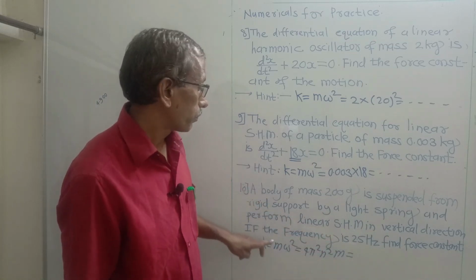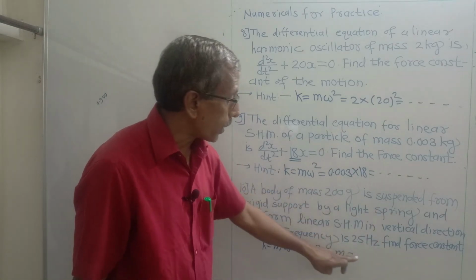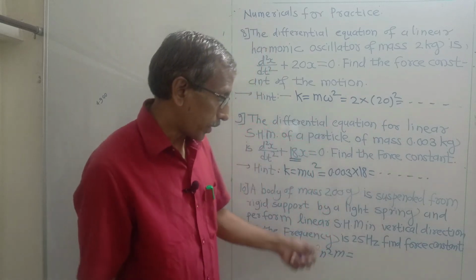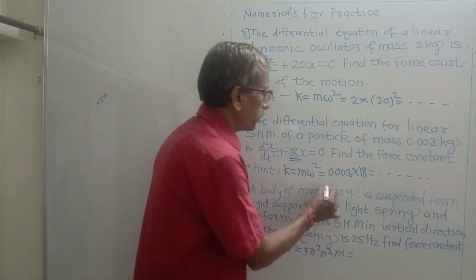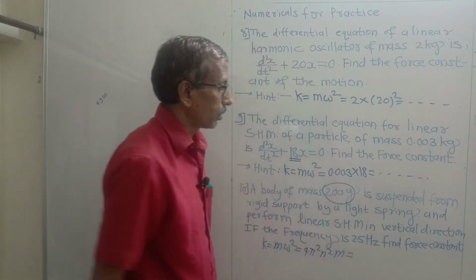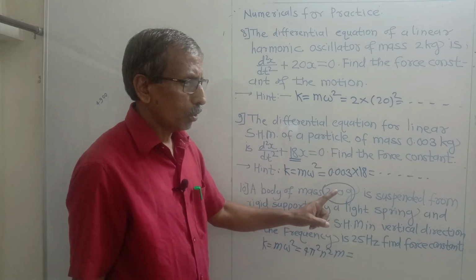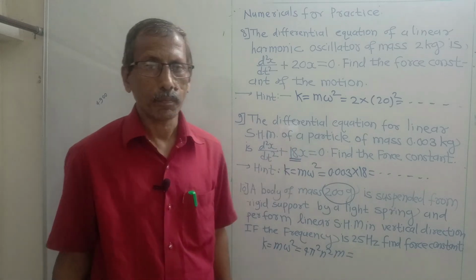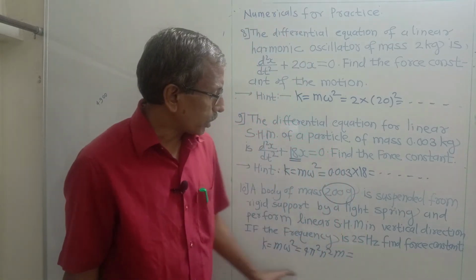Mass is 200 gram, so 200 into 10 raised to minus 3. All data must be converted into SI system, since here only CGS unit is given. So 200 gram is equal to 200 into 10 raised to minus 3 kilogram or 0.2 kilogram, and put all these values and find.